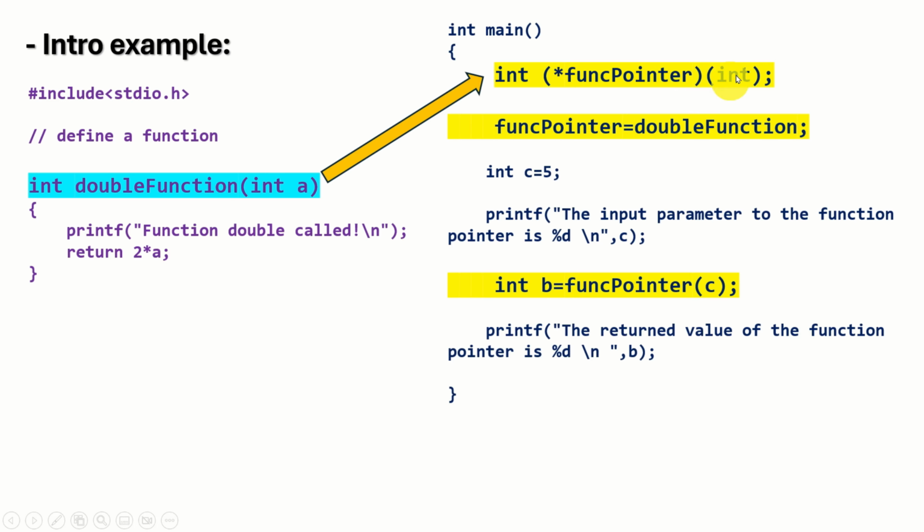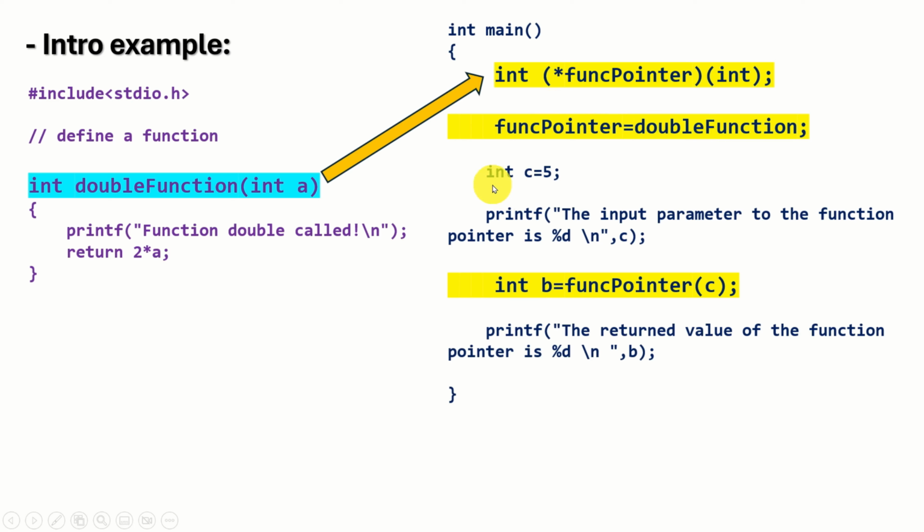Then inside of this second parenthesis, we have the data type of the input parameters. And this data type should perfectly match the data type of our function. Once we do that, we can simply write func pointer is equal to double function. And that's it. Now, instead of using double function, we can use function pointer.